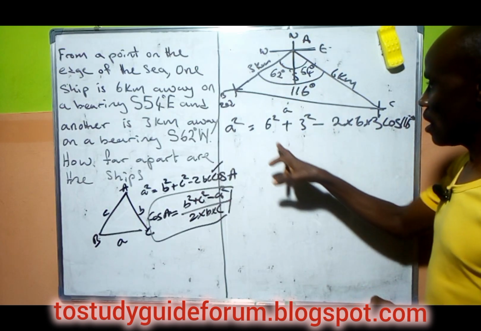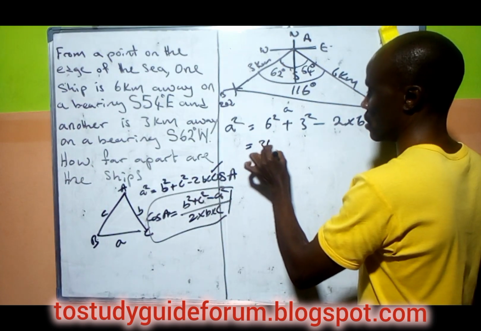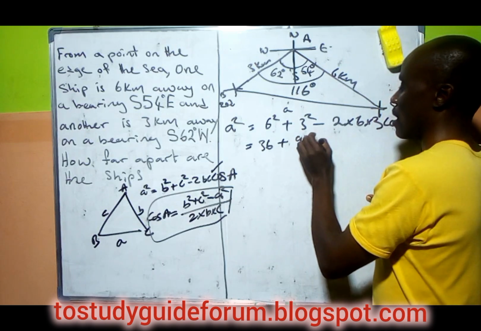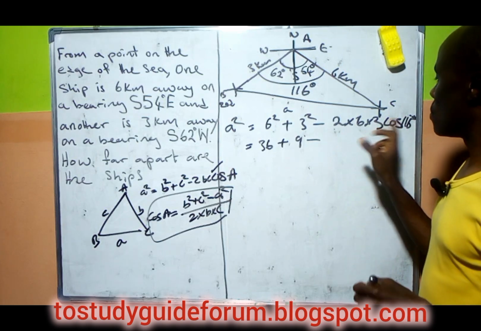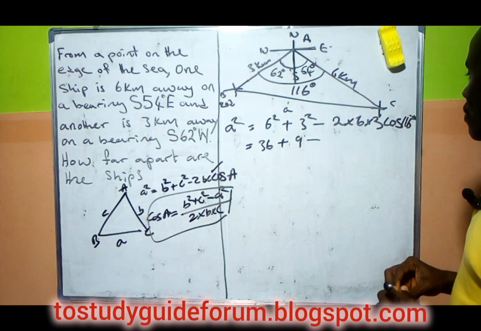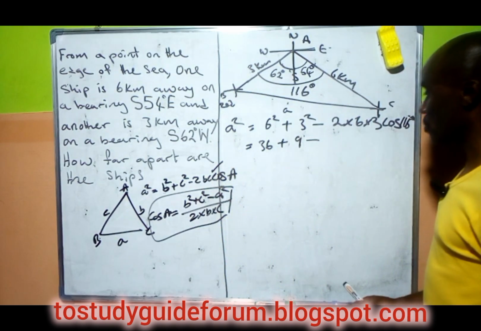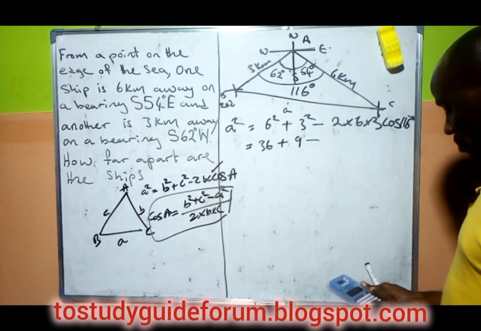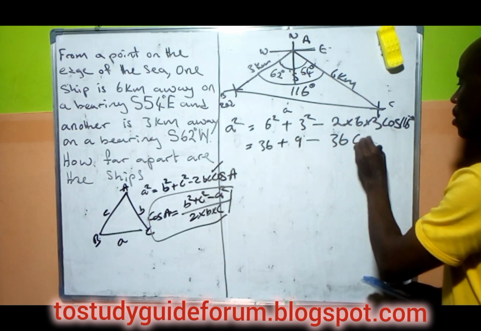So based on that, 6 squared will give us 36, and 3 squared will give us 9. Then 2 times 6 times 3, let me use the calculator so that I won't make a mistake. 3 times 6 times 2, everything will give us 36 cos.